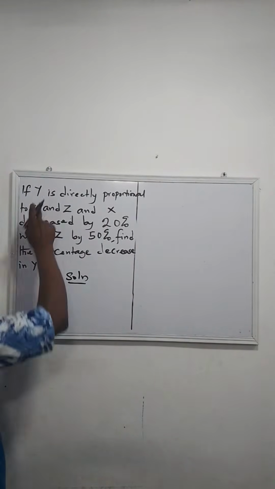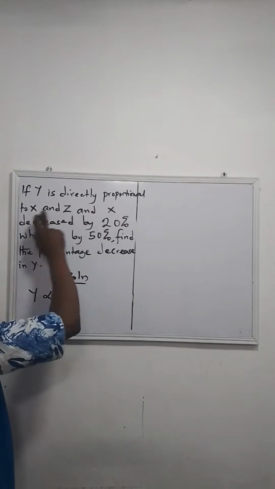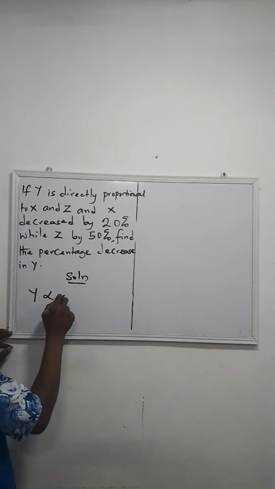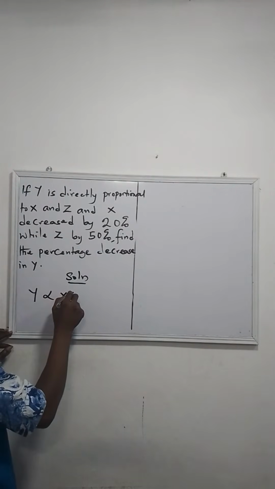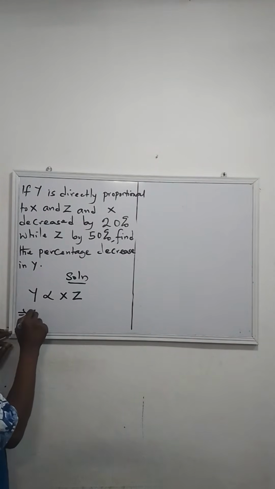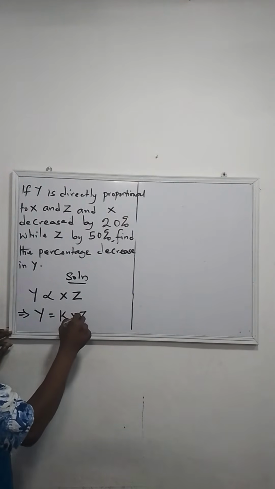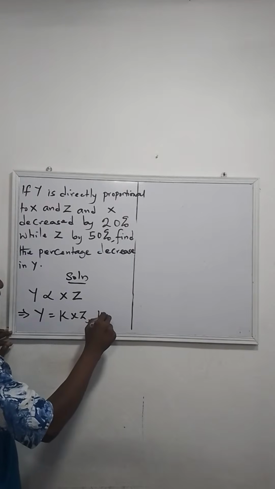Now, the relationship we have here is this. y varies directly as x and z, and that implies that y equals kxz, where k is a constant.